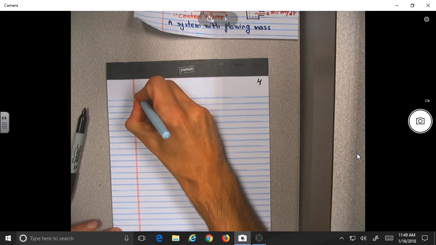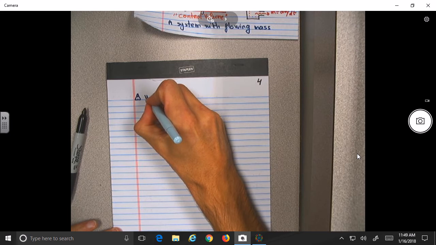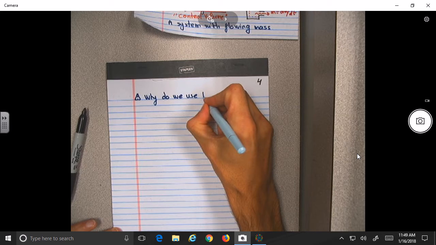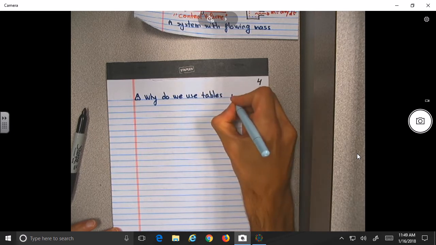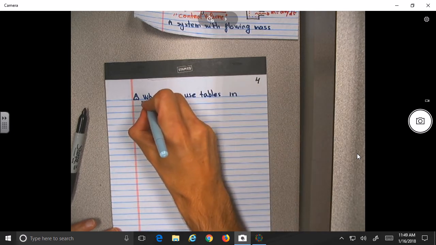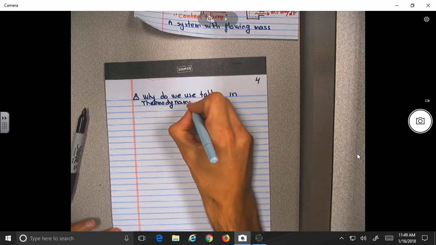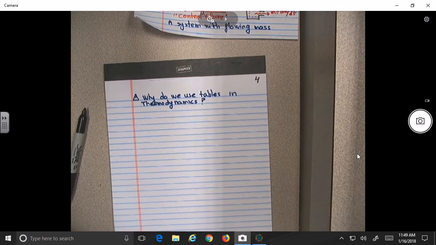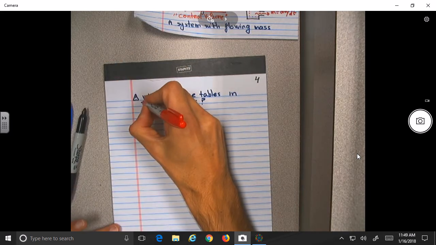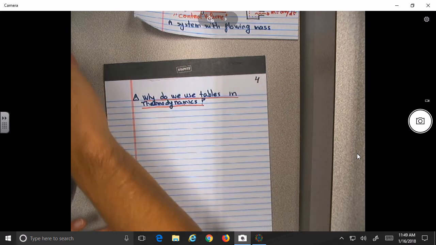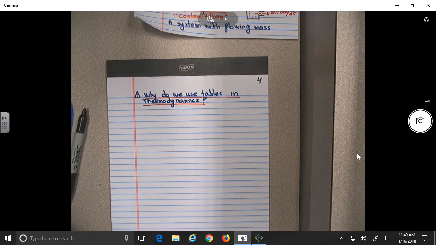Why do we use tables in thermodynamics? Okay, so believe it or not, you already know a lot about thermodynamics.